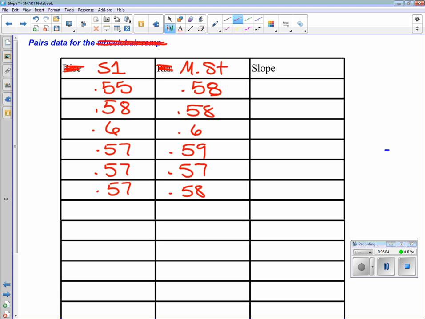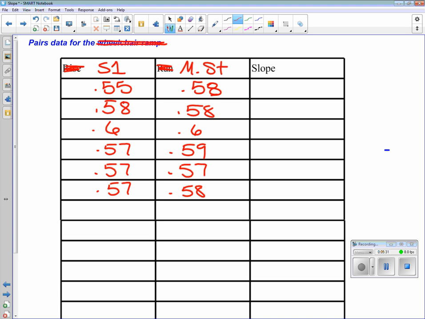What do you notice? Are they close to each other? Yes. Several groups got exactly the same, and maybe others were 100ths off, they might have rounded. Would we venture to say 0.57 looks to be about the right slope?